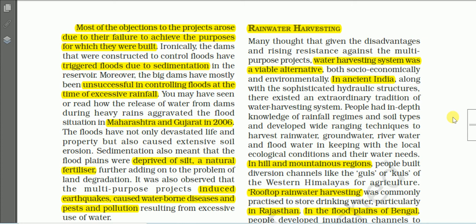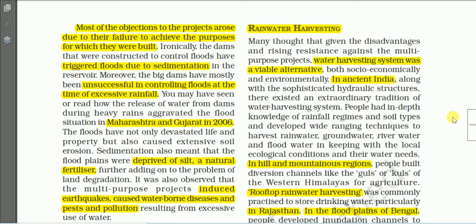But resistance from some communities rose against these projects. And why?